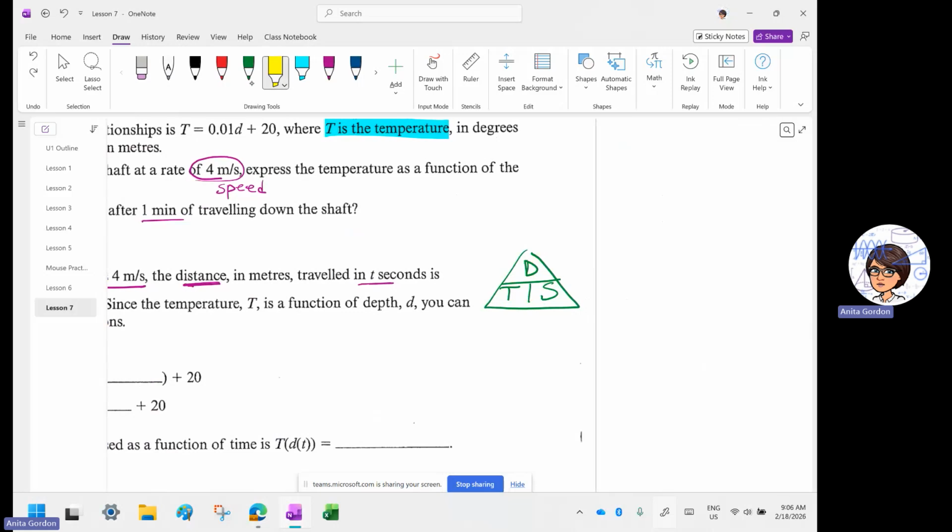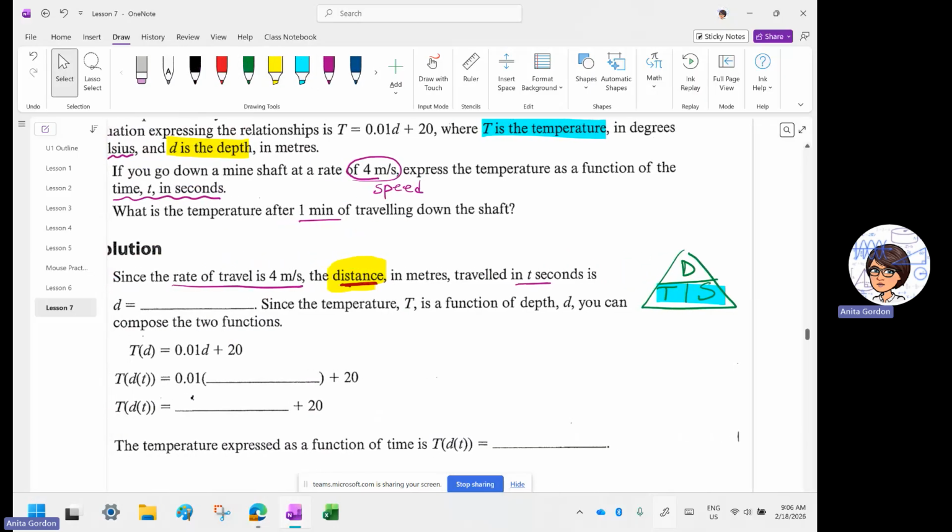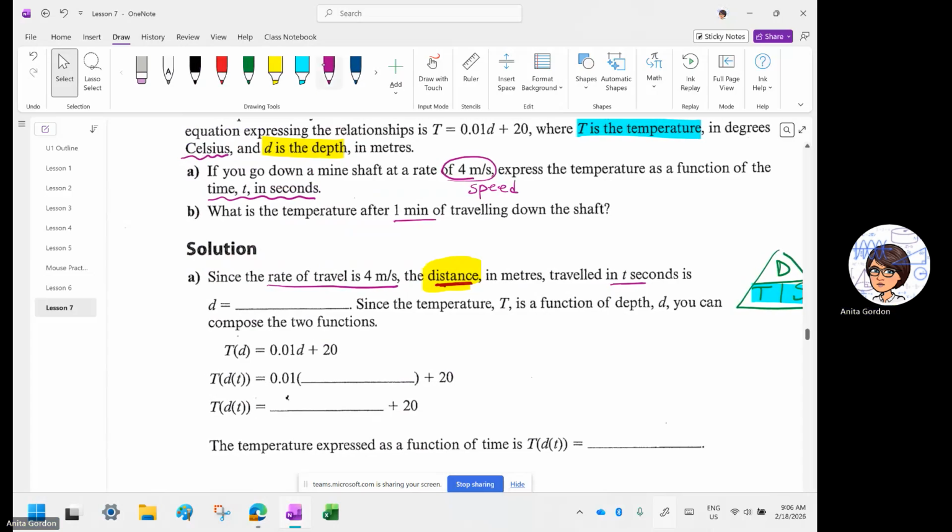Right now, we are needing distance and we are given speed. So I use the DTS triangle and say, okay, if I want distance, then this is speed times time. Okay, so this will be speed times time. We know what our speed is, so this is going to be 4t, where t is in seconds.